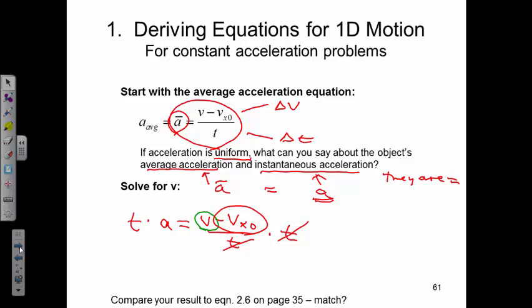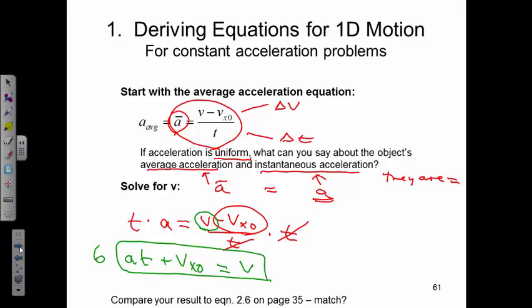I get a times t plus vx naught equals v. You'll notice that's equation number 6 on our list of equations. The fact that our acceleration at any time is constant is equation number 7.